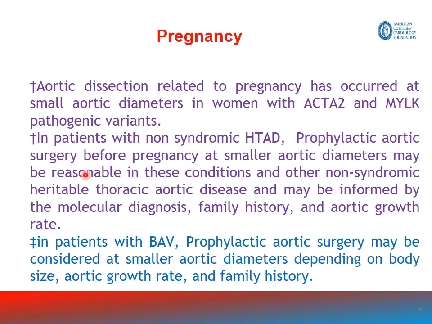In patients with non-syndromic HTAD, prophylactic aortic surgery before pregnancy at smaller aortic diameters may be reasonable in these conditions, and other non-syndromic heritable thoracic aortic disease, and may be informed by molecular diagnosis, family history, and aortic growth rate. Similarly, in patients with bicuspid aortic valve, prophylactic aortic surgery may be considered at smaller aortic diameters depending on body size, aortic growth rate, and family history.